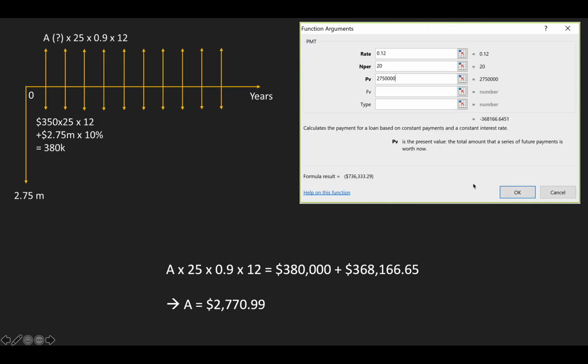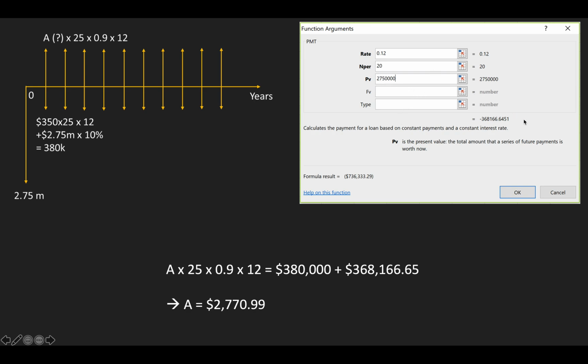And we already showed how to do this, right? We're trying to find A, which is the PMT function in Excel. That's what I did. So the rate is 0.12. Number of periods is 20 years. Present value is $2.75 million.